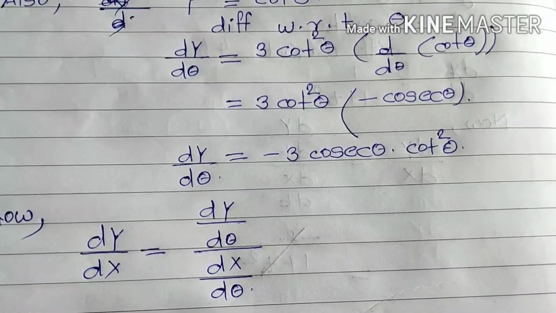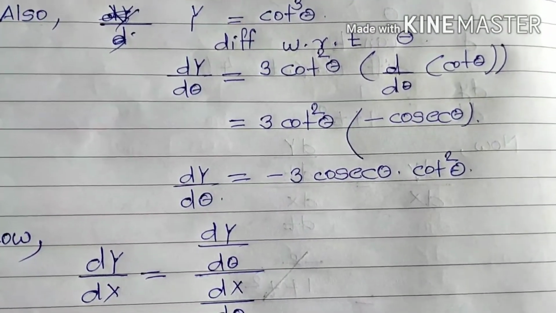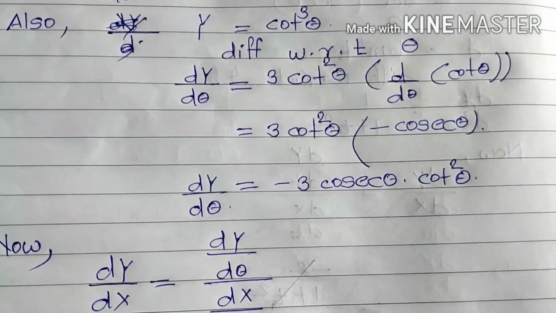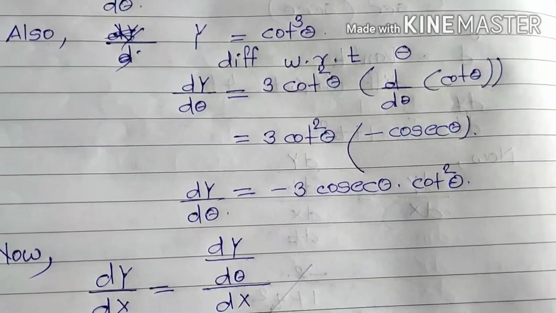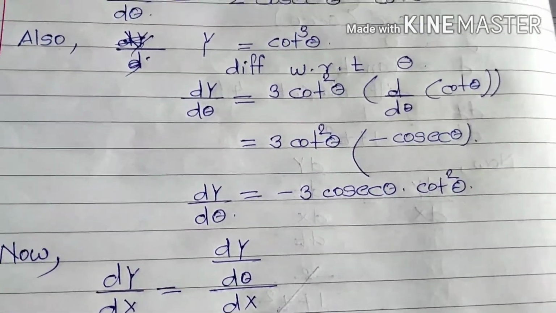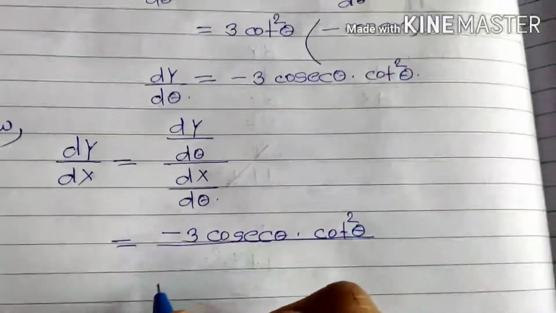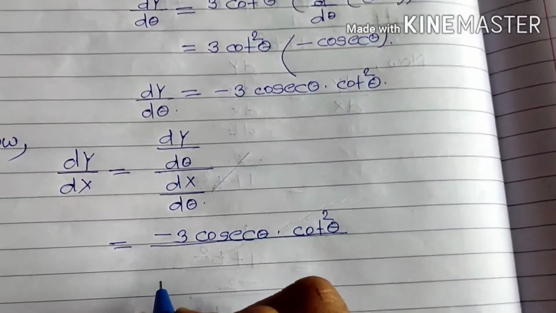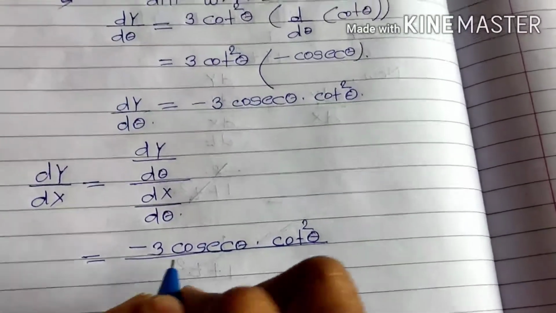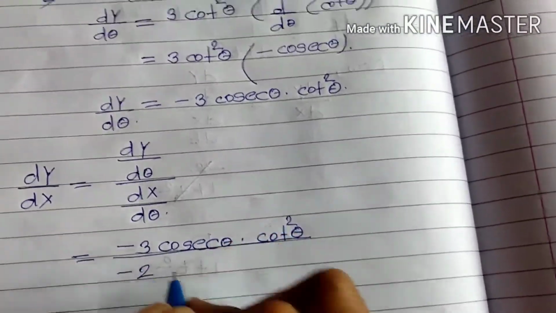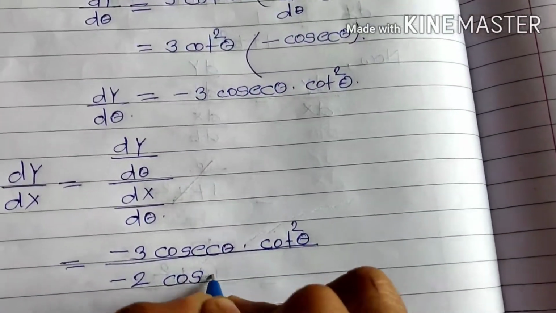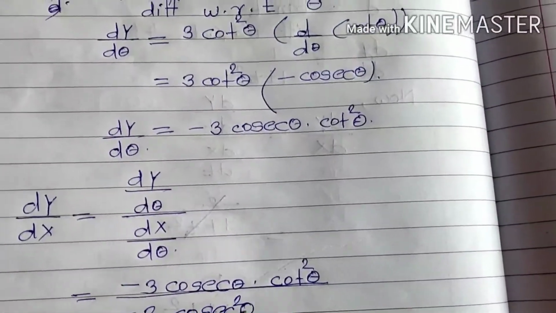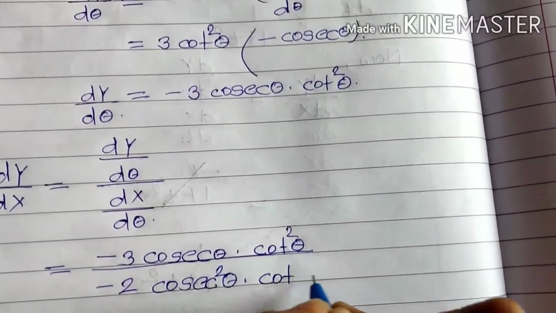Put the values. dy upon d theta is minus 3 cosec theta into cot square theta upon dx upon d theta, which is minus 2 cosec square theta into cot theta.